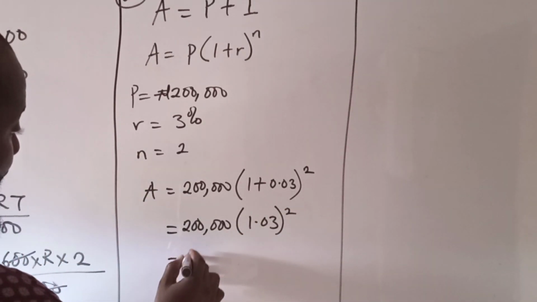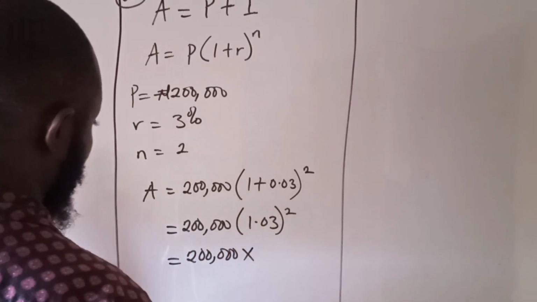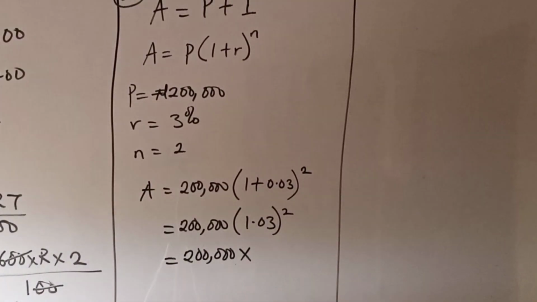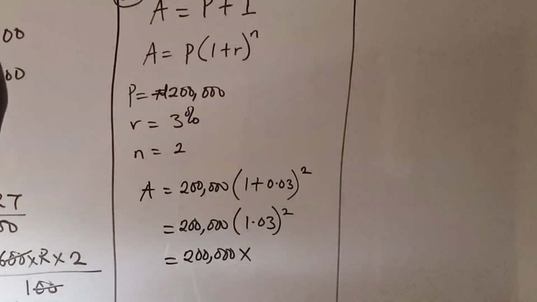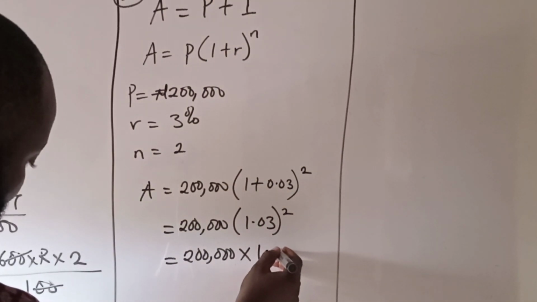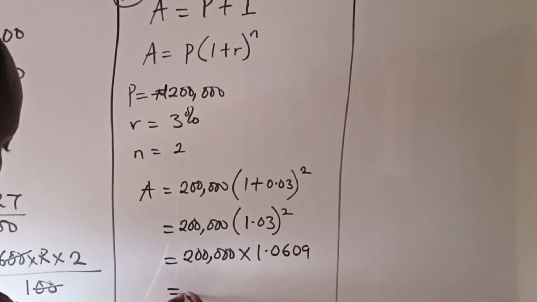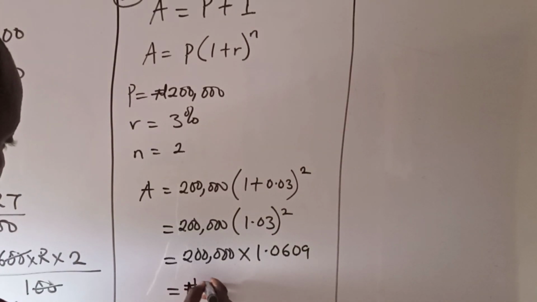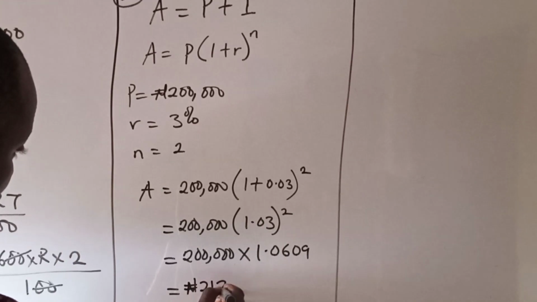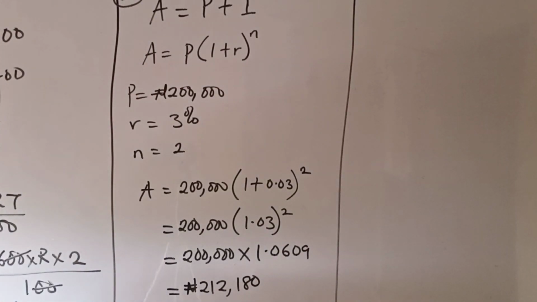So 1.03 squared gives us 1.0609. We then multiply it by 200,000. So that gives us 212,180 naira.